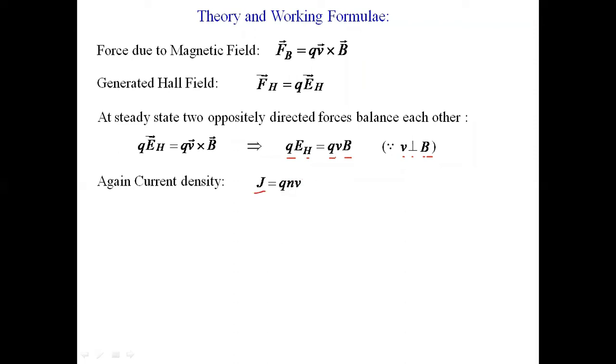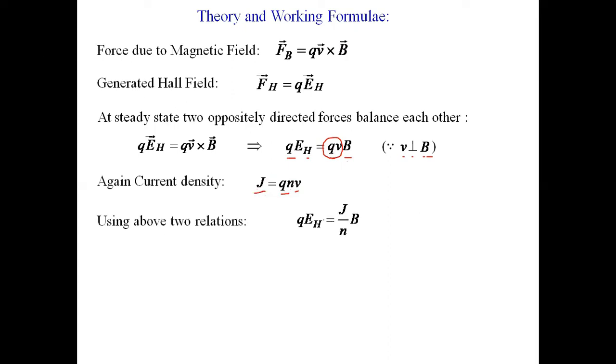So you observe that in the previous equation we have this Q V, and that's why it is written. So we can replace this Q V in terms of J by N. Why are we replacing? Because it is hard to determine this velocity.